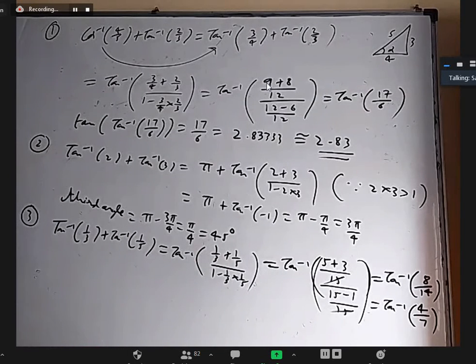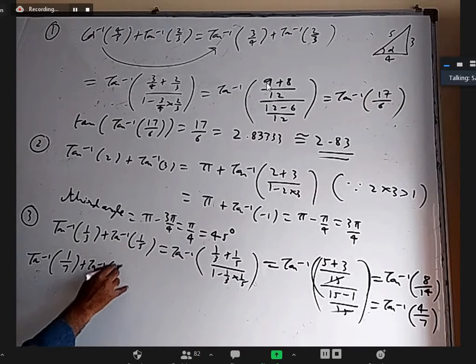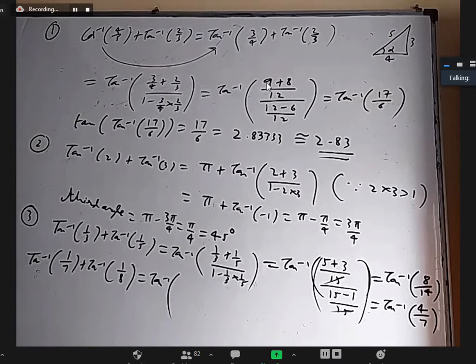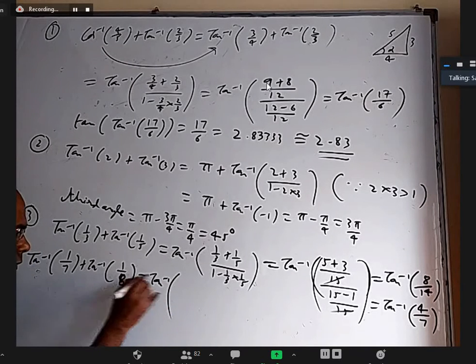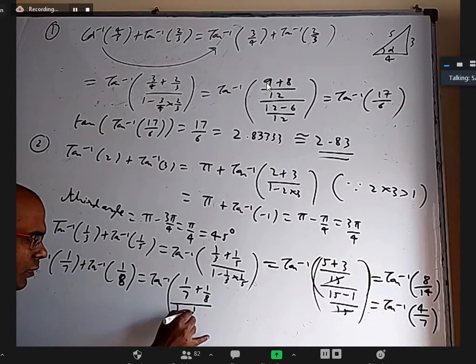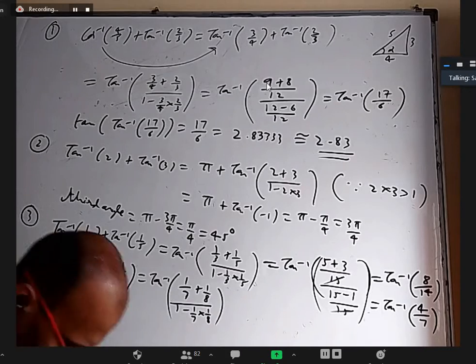That is first two. Next two also you can add. Tan inverse 1 by 7 plus tan inverse 1 by 8 is tan inverse of (1 by 7 plus 1 by 8) by (1 minus 1 by 7 into 1 by 8).